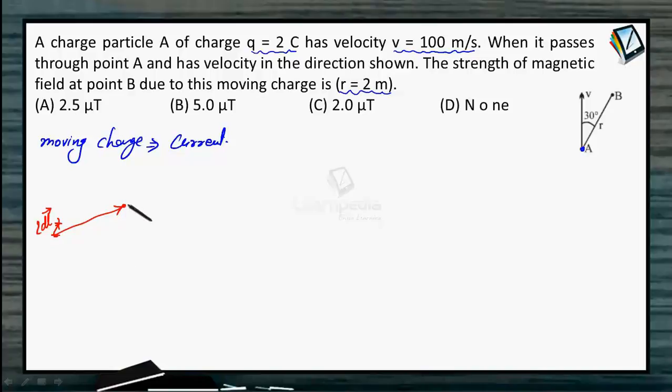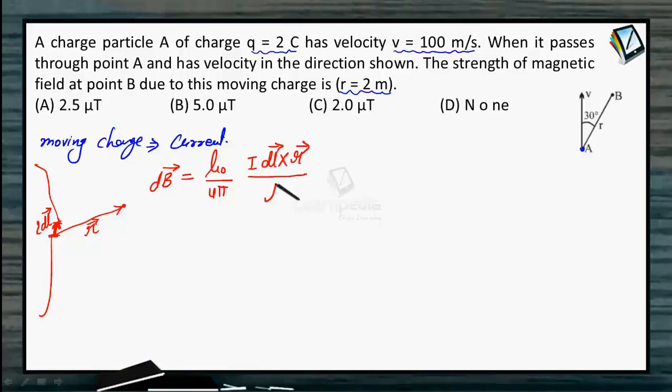Due to only this dl length of the conductor, at this point, with r as the position vector, the field according to Biot-Savart law is dB equal to mu naught upon 4 pi, I dl vector cross product with position vector r, divided by the cube of its magnitude. That is how the magnetic field due to a current segment can be written.